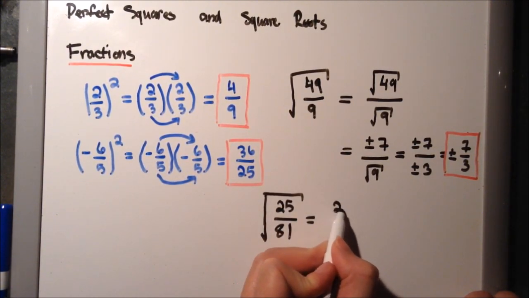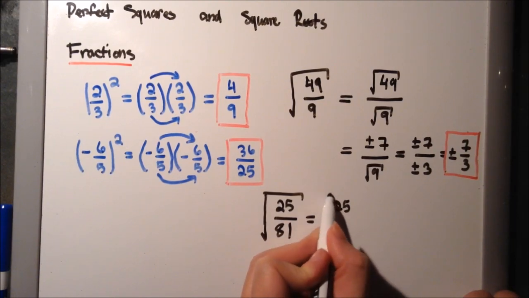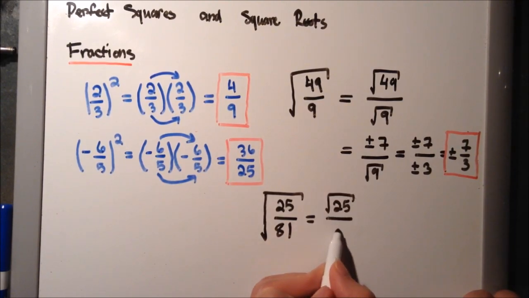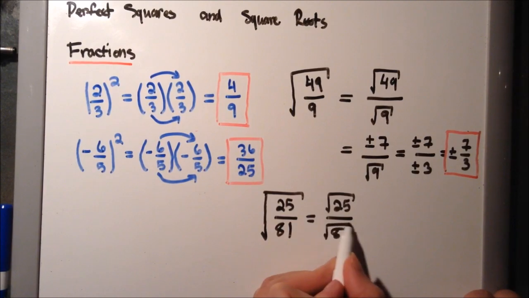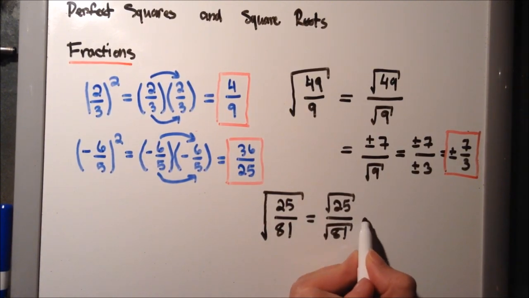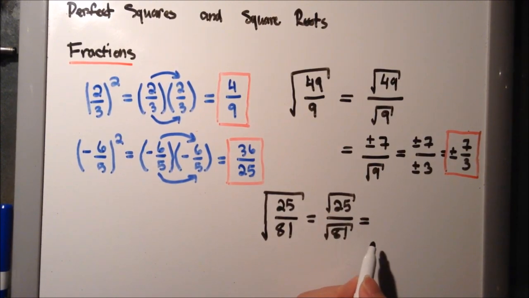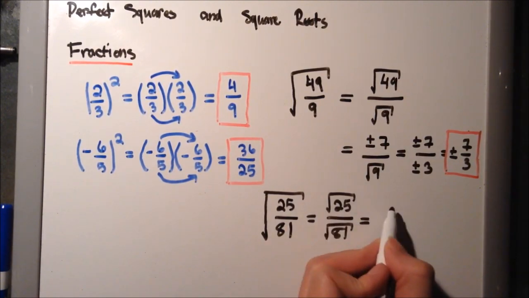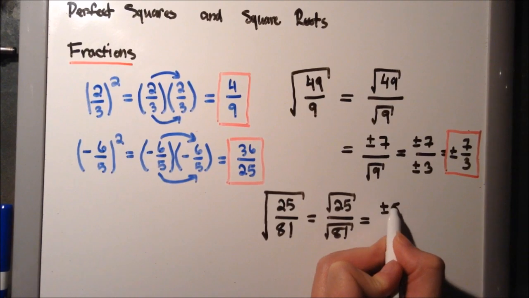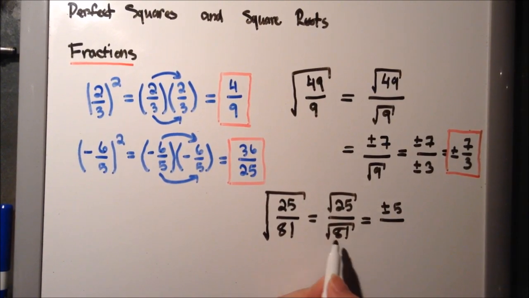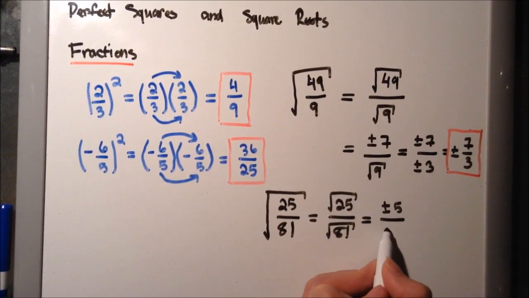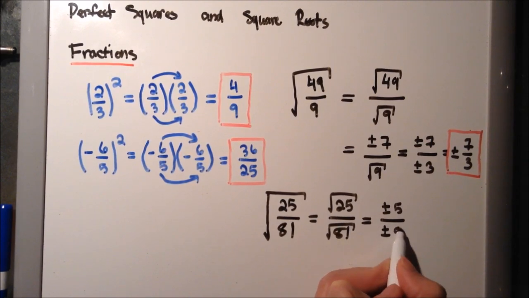So the square root of 25 over the square root of 81. So on the top is going to be positive and negative 5. And then the square root of 81 is positive negative 9.